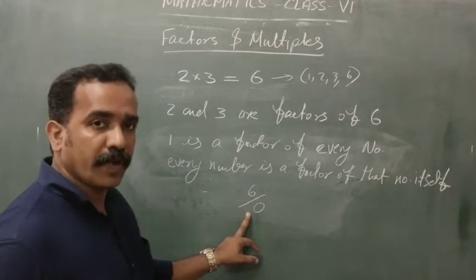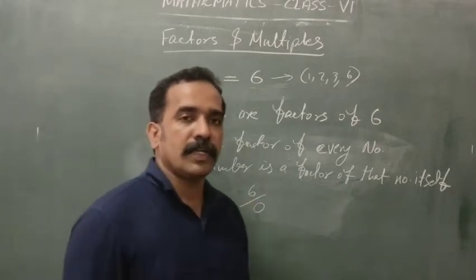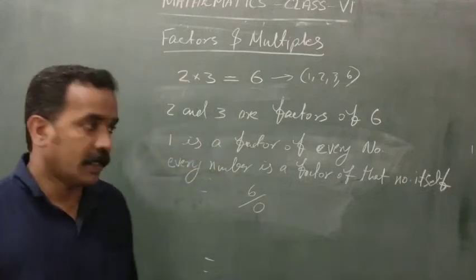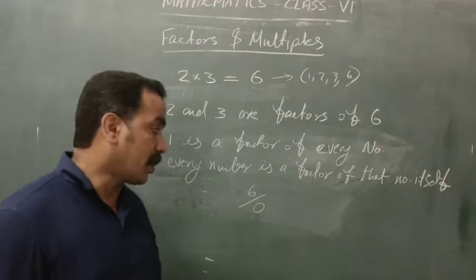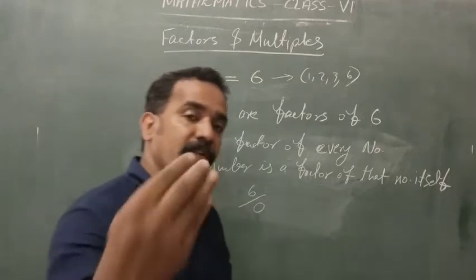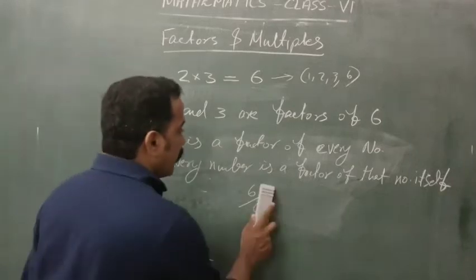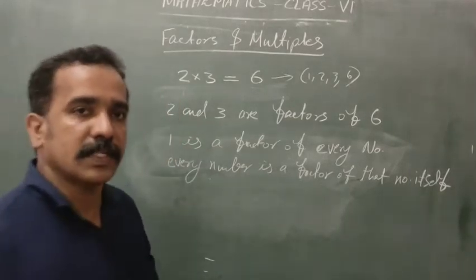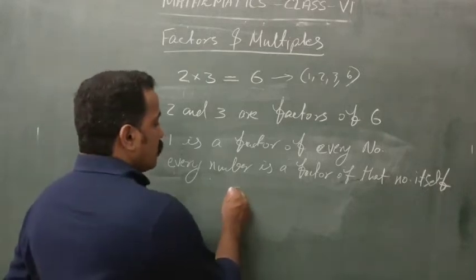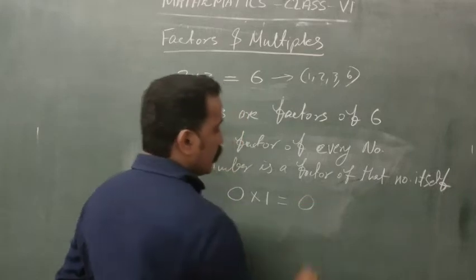It is not defined. So 0 is not a factor of any number. But 0 is having factors. Why? 0 is having infinitely many factors. Do you know what is the reason? Because 0 into 1 is equal to 0.